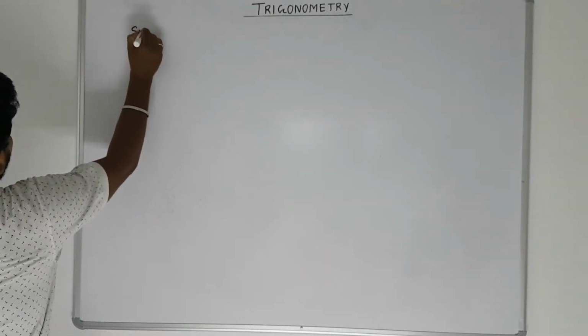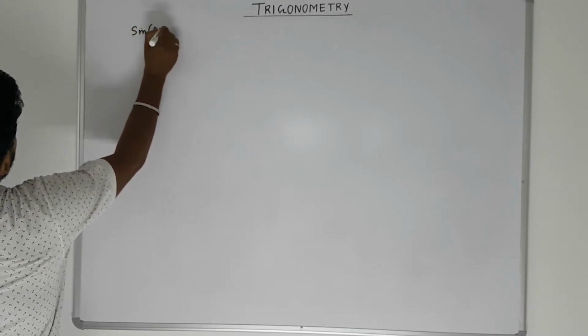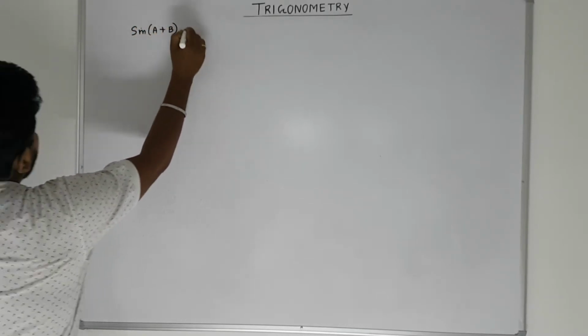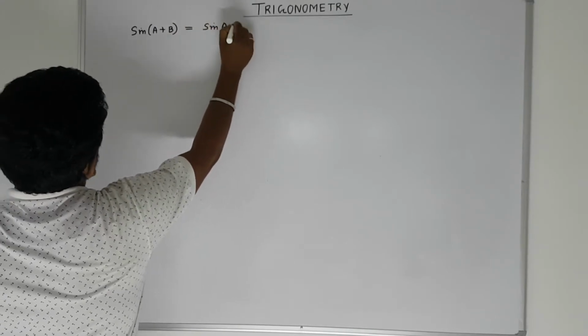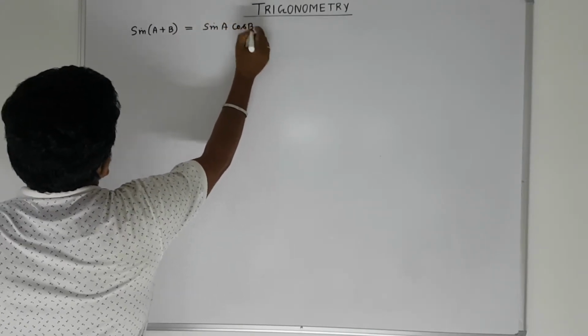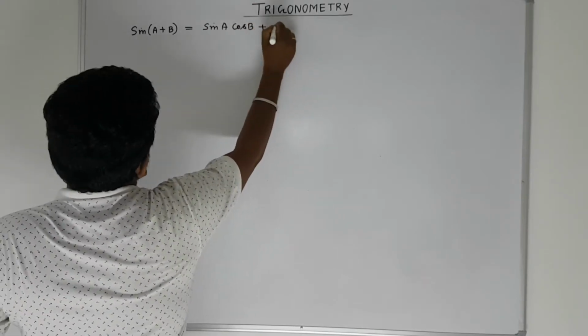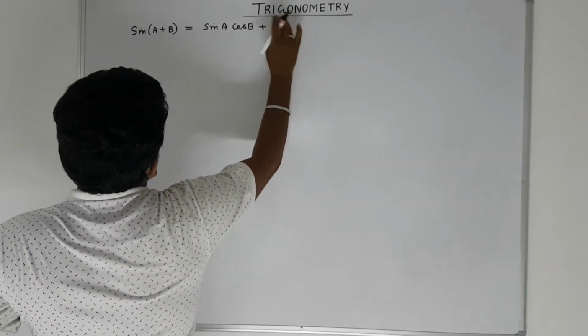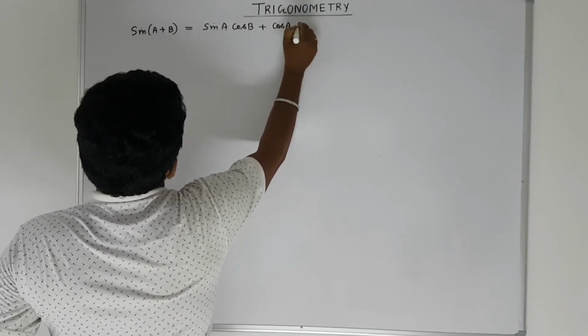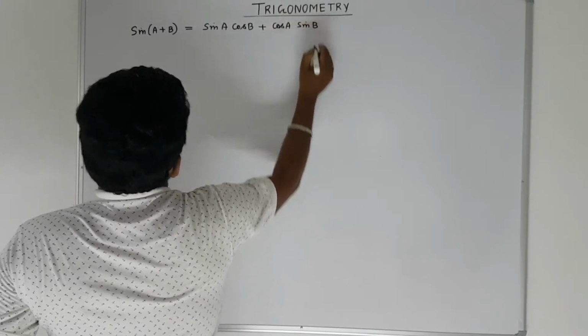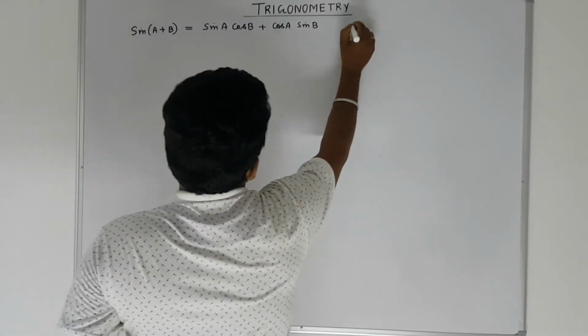Number 1, sin(A+B) = sin A cos B + cos A sin B. This is number 1.